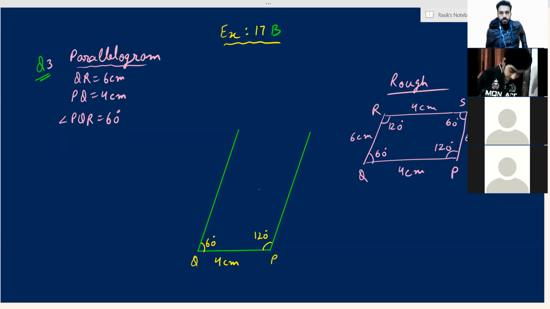Pranjali, how to find the vertex R? P, Q, R, S. The length of QR is 6. Pranjali, see in the rough figure it is given 6. How to find the vertex R now?